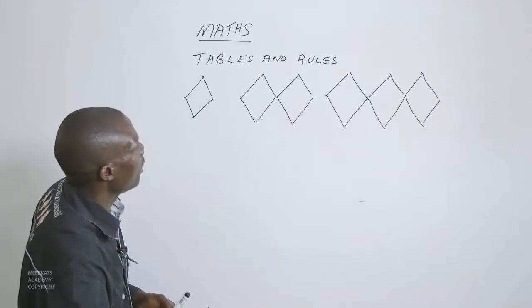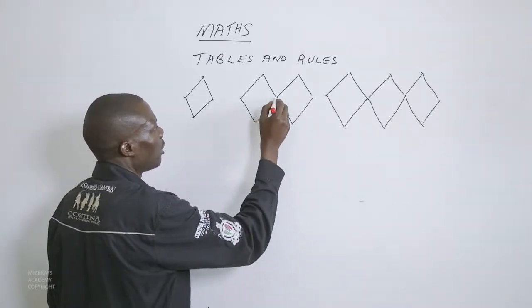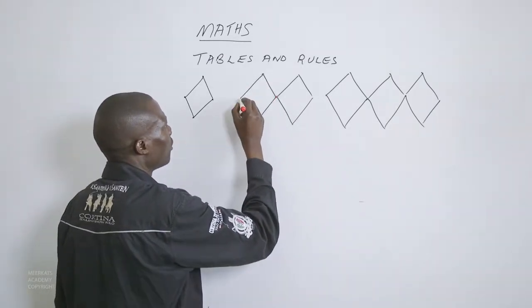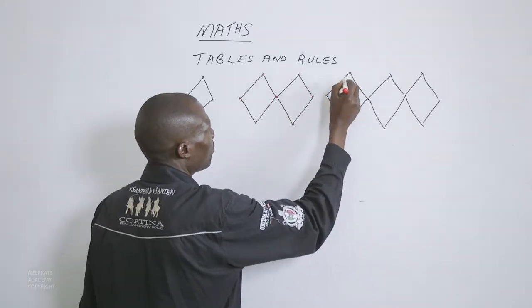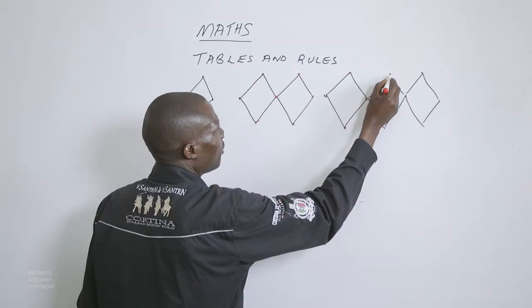Then we have diamonds represented by 8 sticks, and the third one is here.